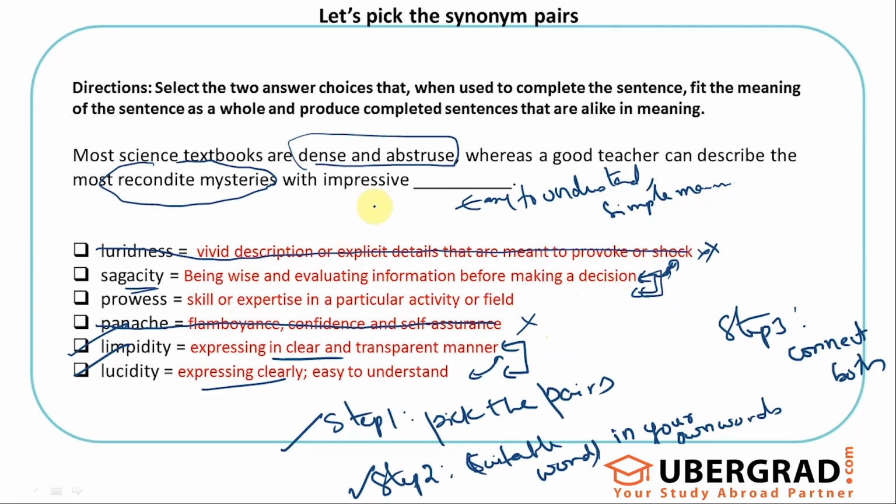Even though skill is something that could be there, I don't see them being as good a fit. Obviously you can say a good teacher can explain difficult stuff with impressive skill that he or she has, but it wouldn't fit as well, because the whole sentence was talking about it being difficult to comprehend. So these two words would be the best fit.